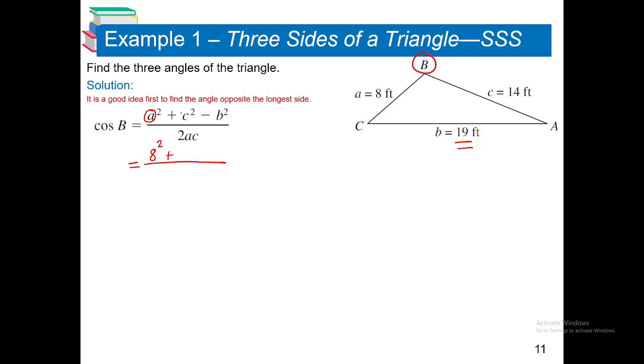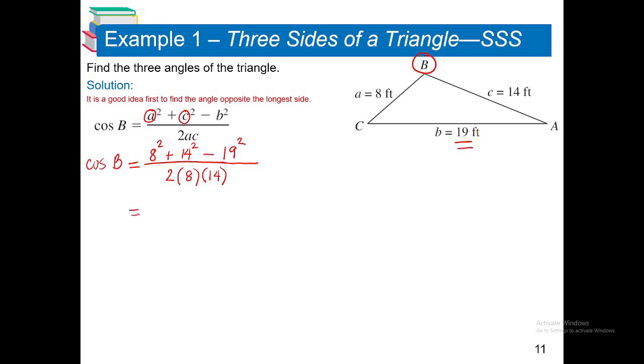What is the value of C? 14 squared. And B? Okay. All over 2 times A, which is 8, times C, which is 14. So, this is cosine B.